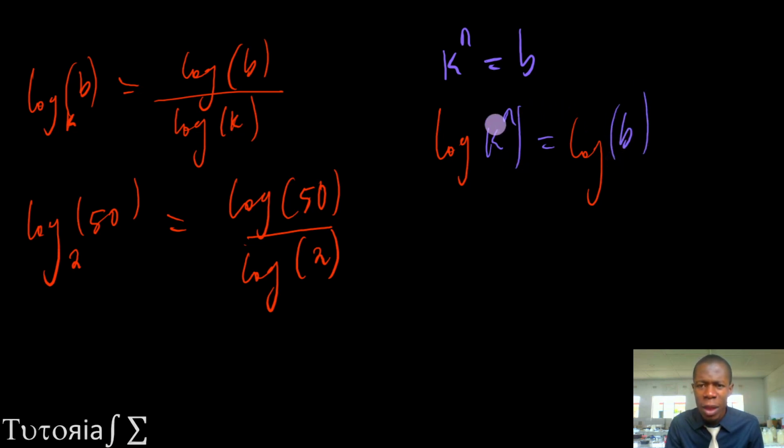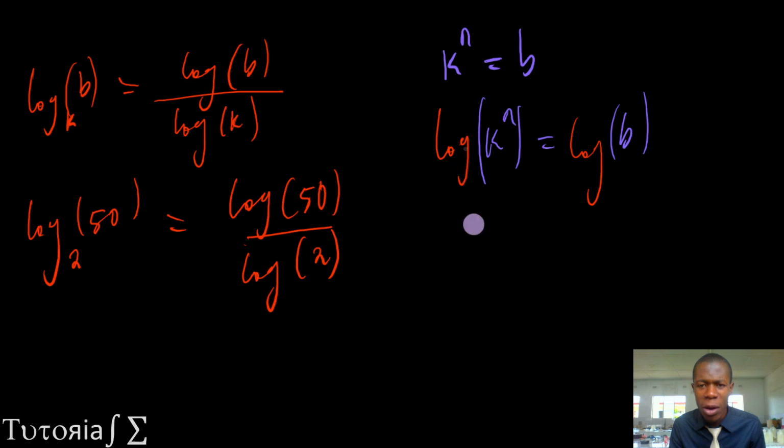So simply, if you have two expressions where this equals that, you can introduce logs both sides, and this is what we'll be using to evaluate some log questions asking us to evaluate the values of x and their likes. Now in this case, remember the power rule, we can drop the power.